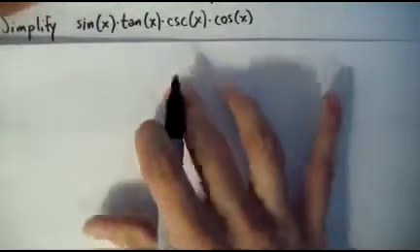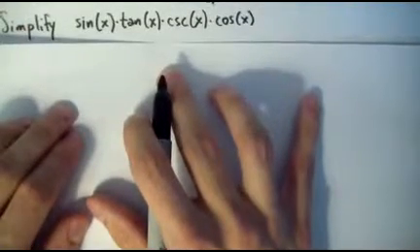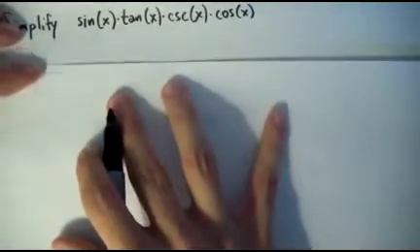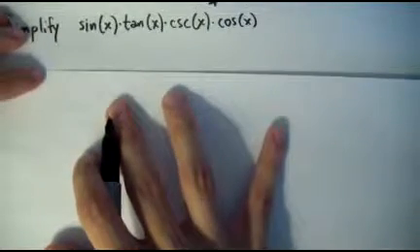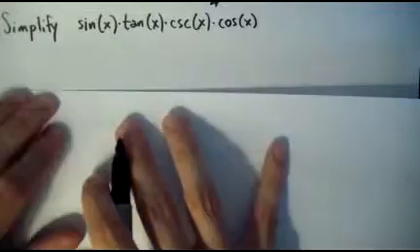So one other use that we have for these quotient and reciprocal identities is to simplify certain trigonometric expressions. So, as an example, let us simplify sine of x times tangent of x times cosecant of x times cosine of x. Some of these seem messy and you wouldn't know what to do. So a good strategy in this situation is just to write everything in terms of sine and cosine. That's what the reciprocal and quotient identities allow us to do.